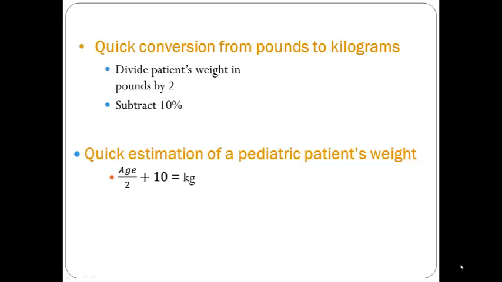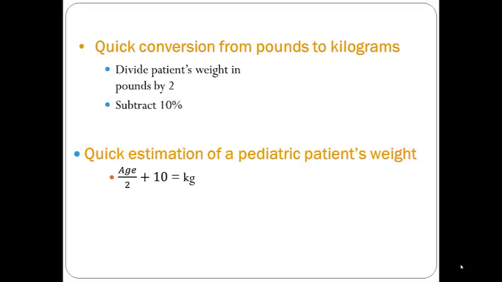The second quick math tip is estimating a pediatric patient's weight. For instance, let's say you get a call from the emergency room saying that a 6-year-old patient is coming up for an emergency appendectomy. You will want to go into the operating room, set up your cart, and draw up medications based on what you estimate a 6-year-old would weigh.